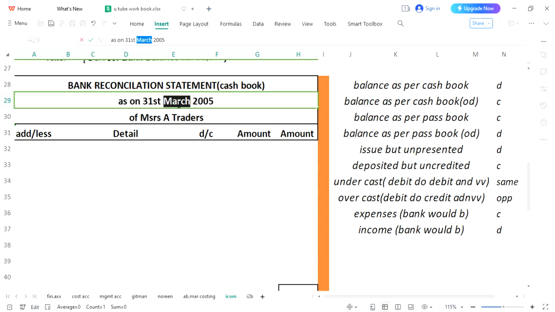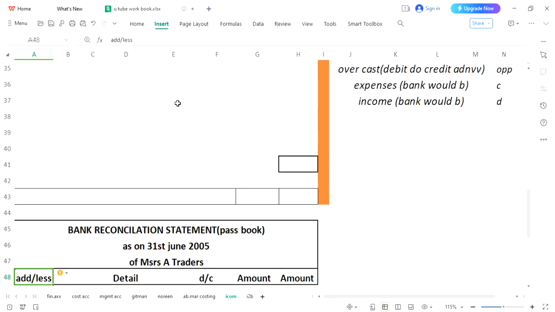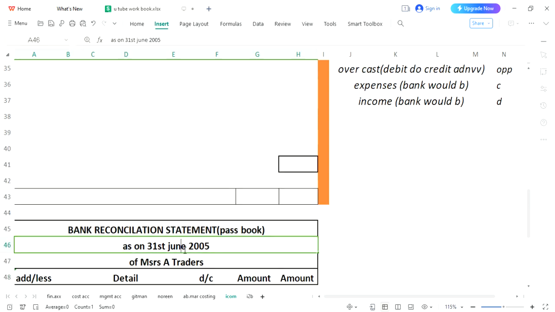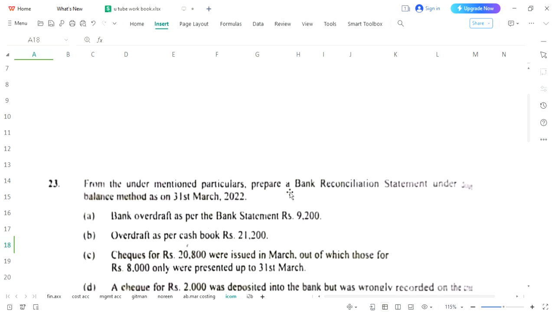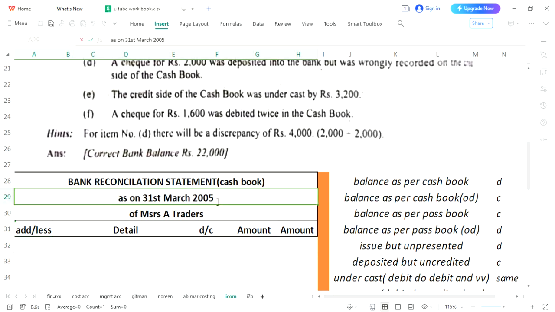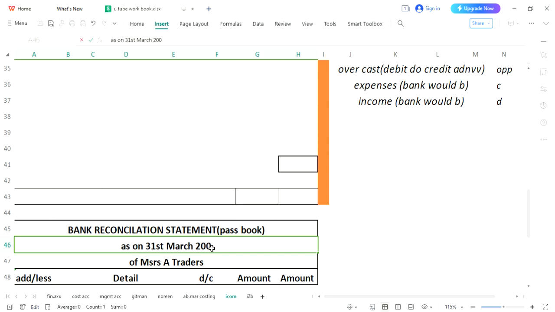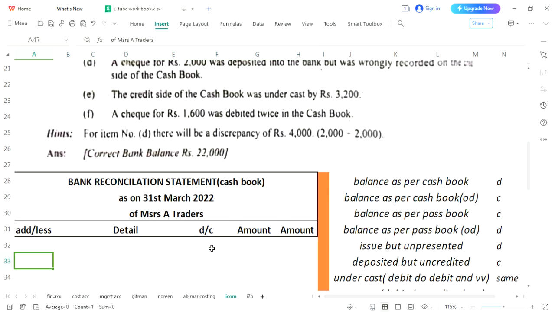Now similarly, we will go to passbook and correct this date as well. March. The year mentioned is 2022, so we'll have to correct it as well. 2022. Similarly, we will go to the passbook and enter 22. So our proforma is ready.